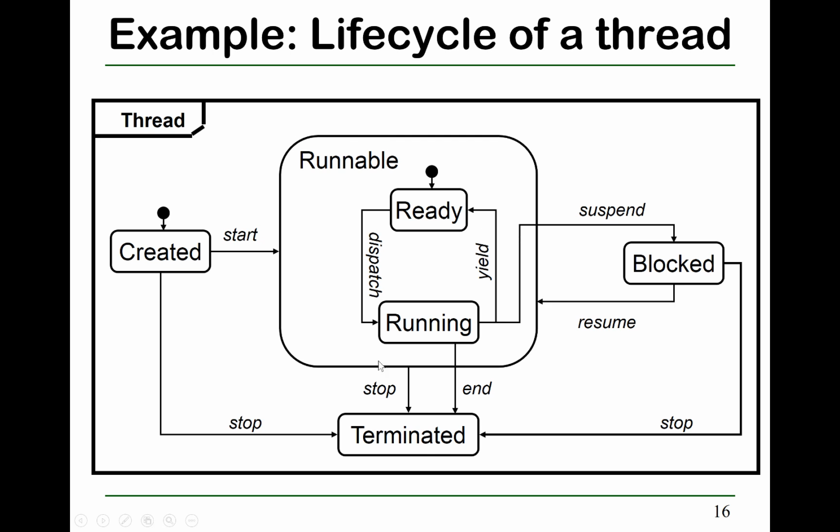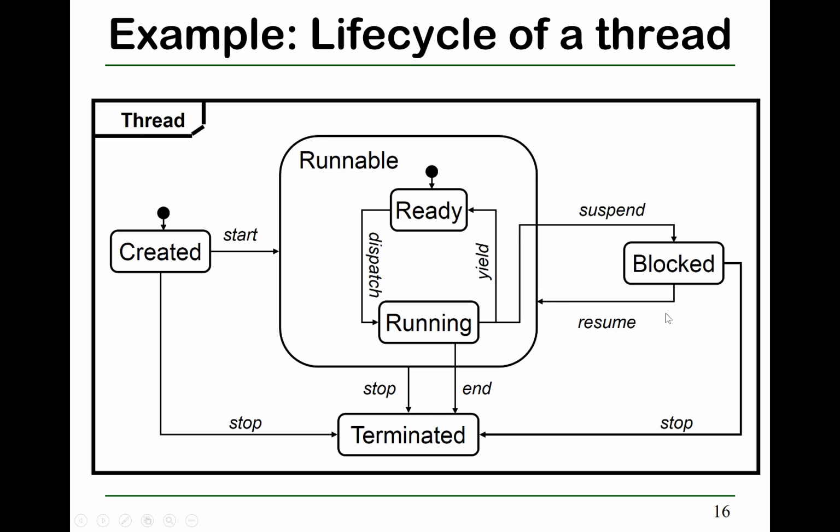And for this super state, if you kill it, for example, stop it, or from the beginning or from this block, if you kill them, then they will be terminated also. And from this block, for example, if this thread is waiting for the lock, when the lock becomes available, then it resumes.